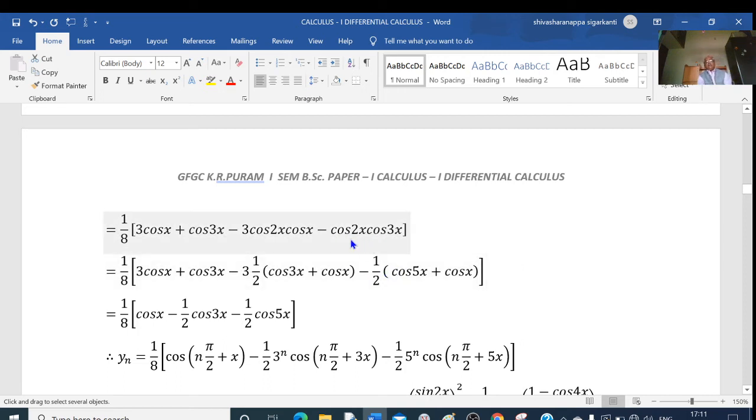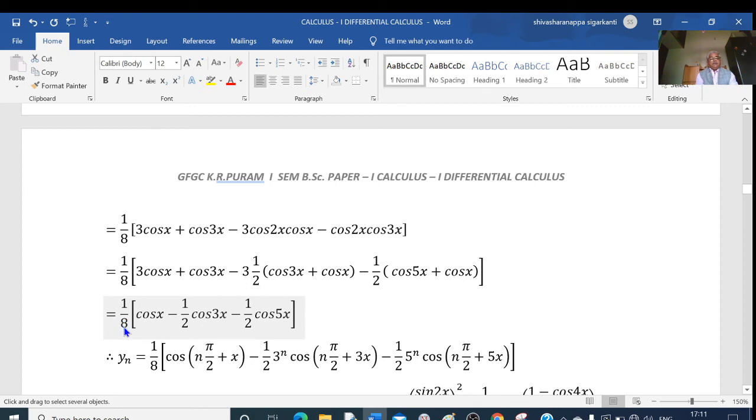Minus, again cos 2x cos 3x is there. This again can be written as minus 1 by 2 into cos plus cos. Here, first one is addition, 2x plus 3x is 5x. Second one is the subtraction, 2x minus 3x is minus x. Cos of minus x is equal to cos x itself.